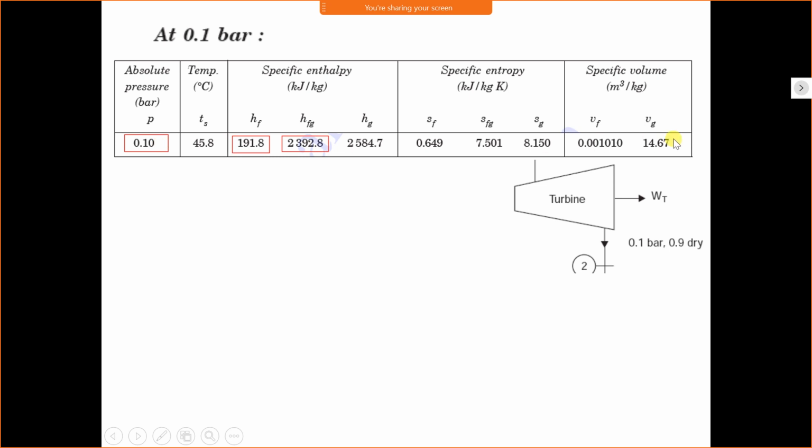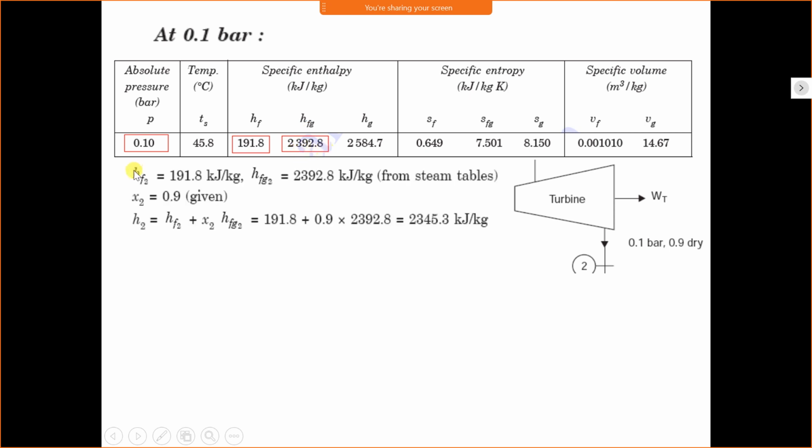At 0.1 bar, hf is 191.8, hfg is 2392.8 kilojoule per kg, and the formula of enthalpy is H2 equal to hf2 plus X2 hfg2.